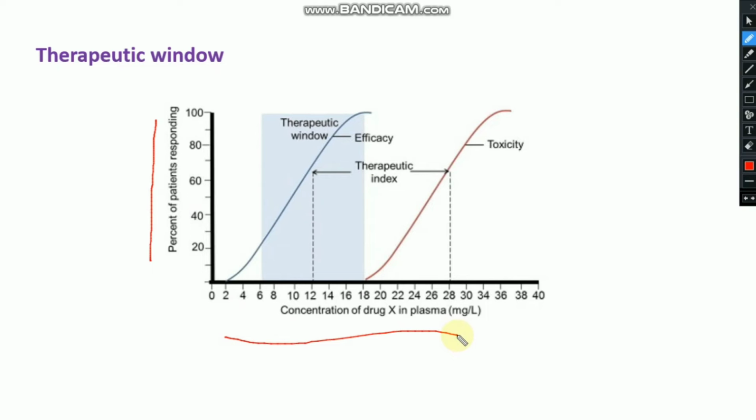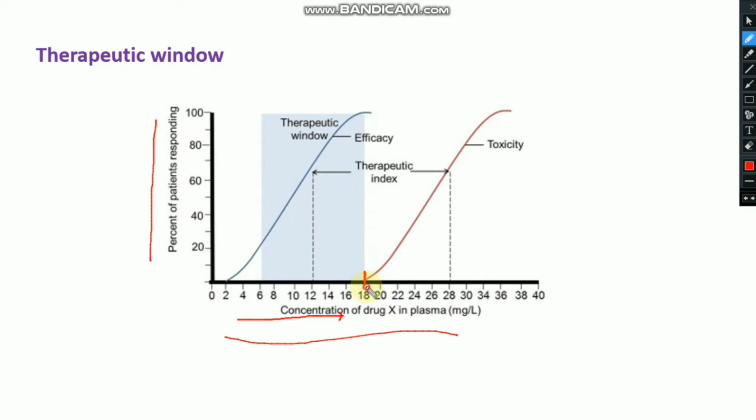As the drug concentration increases, patient response is higher, and the efficacy is increasing as well. But the toxic effect starts from this concentration.